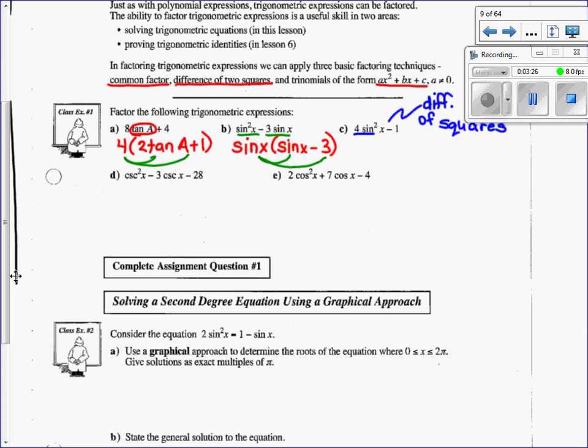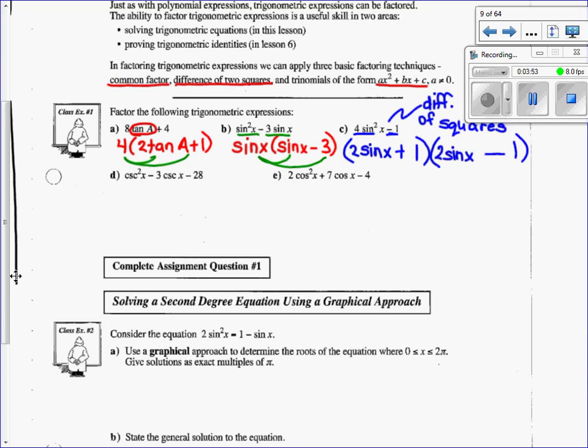What is the square root of 4 sine x squared? 2 sine x. So you put one of those in this bracket and one in this bracket. And then what's the square root of 1? Obviously it's 1. One of them is going to be added, one of them is going to be subtracted.